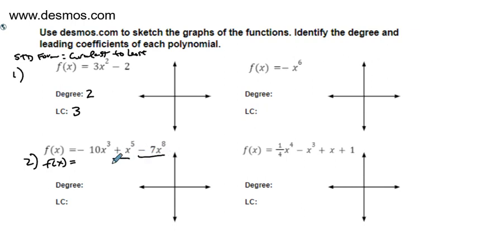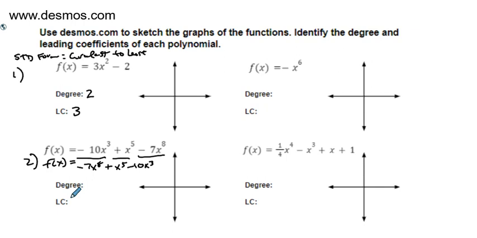So that's a term, and this is a term. When we write it, we have to include those signs. So we have negative 7x to the 8th plus x to the 5th minus 10x to the 3rd. And that is what we are going to use when we put this into Desmos.